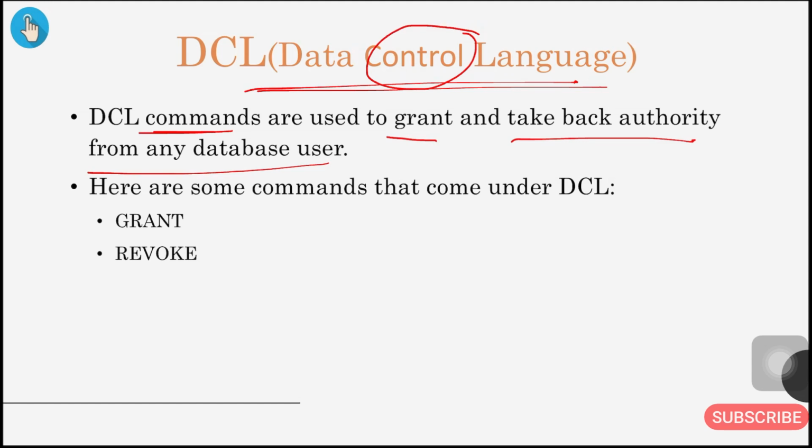So they will grant permission to the other branch to use their database, and they can also take that permission back. Here come grant and revoke: with grant you give permission to another user to use your database, and with revoke you can take back that authority.